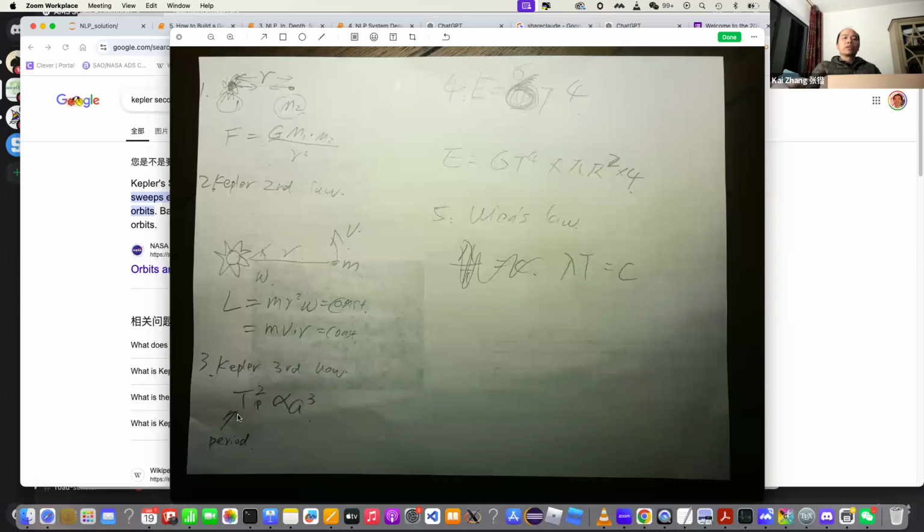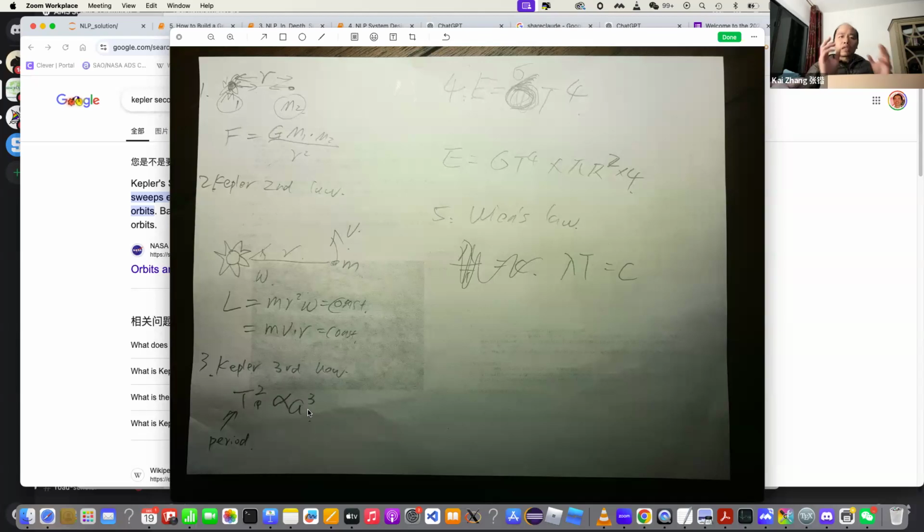So what it tells you is that the time you need to travel around the whole orbit, for example 1 year for the Earth around the sun, squared, is proportional to the cube of the distance between the sun and the Earth.